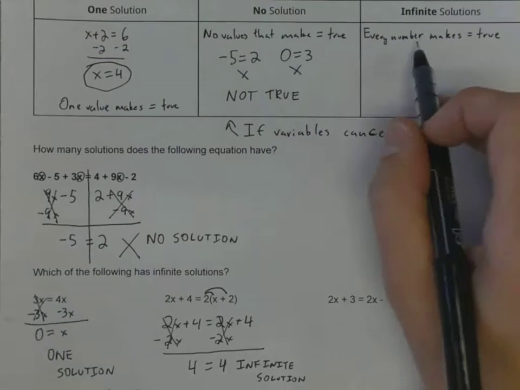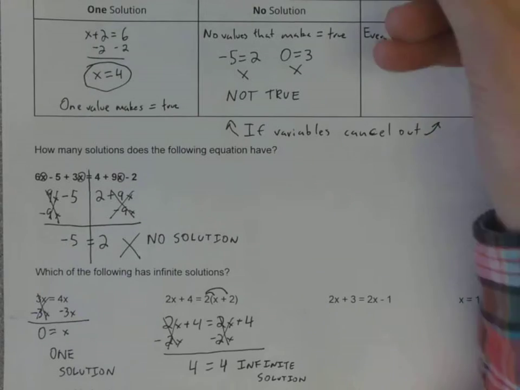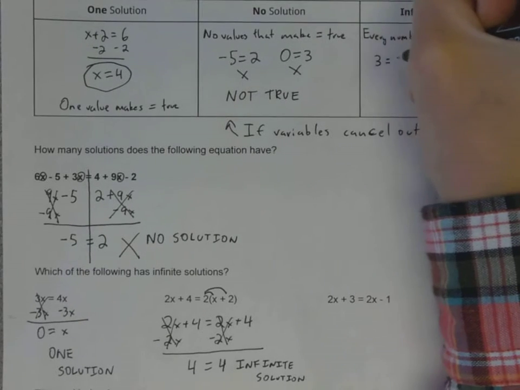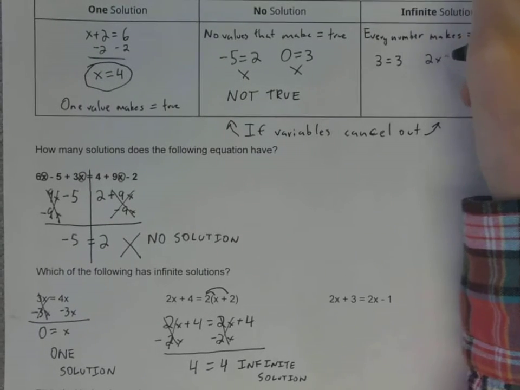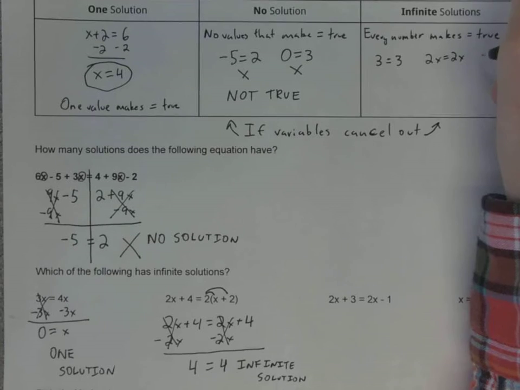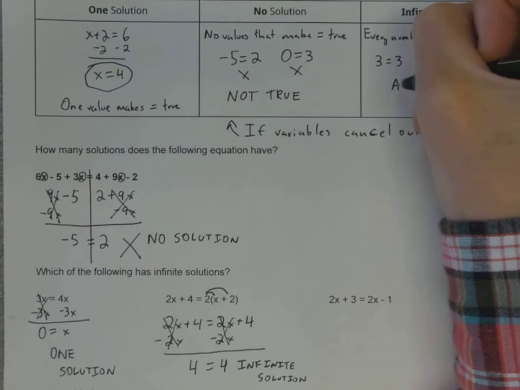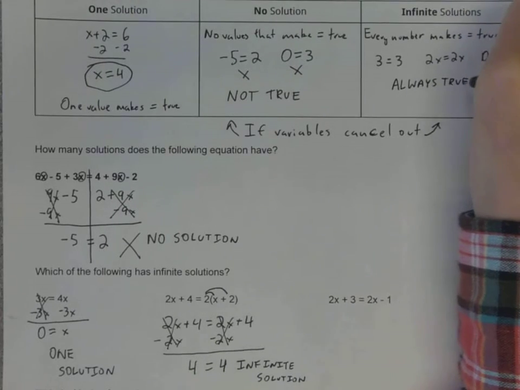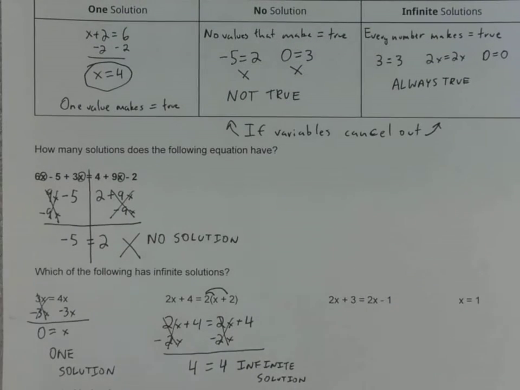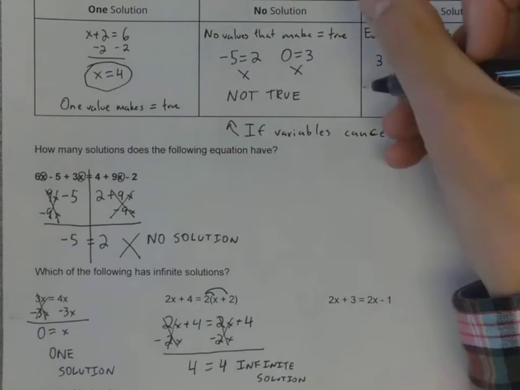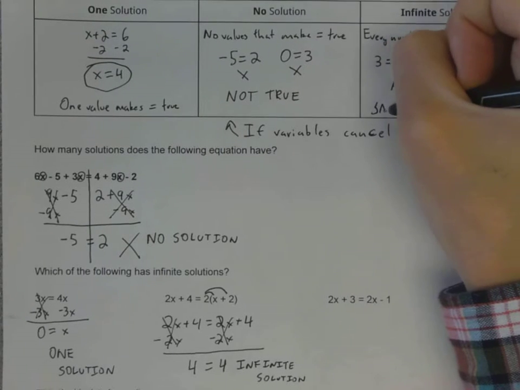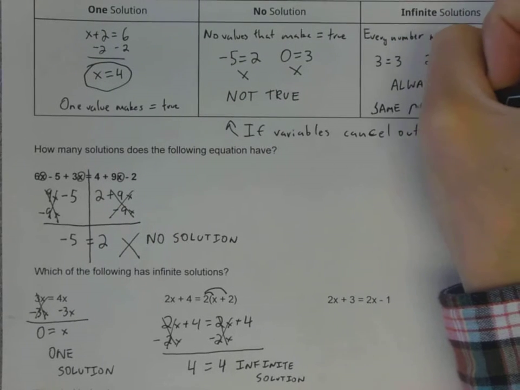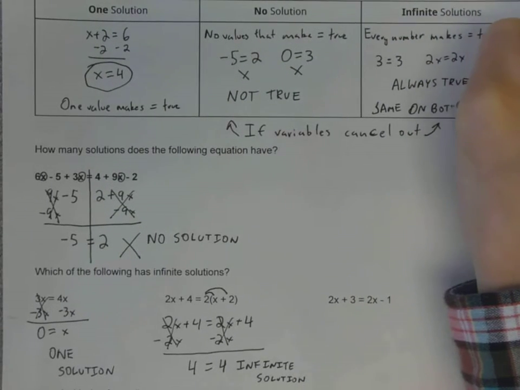Every number is going to make it true. That means we have something like 3 equals 3, or 2x equals 2x, or 0 equals 0. So if our variables cancel out, or if we see the same thing on both sides, it's always true. I'm just going to write in: same on both sides.